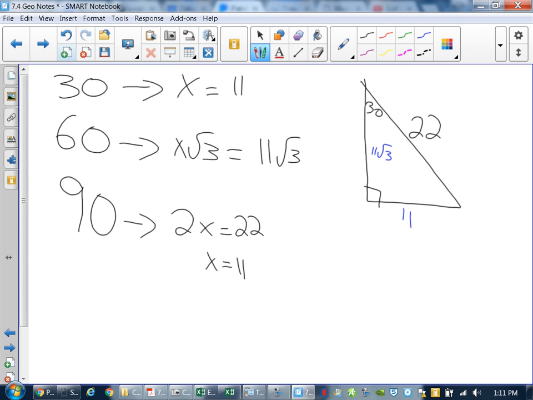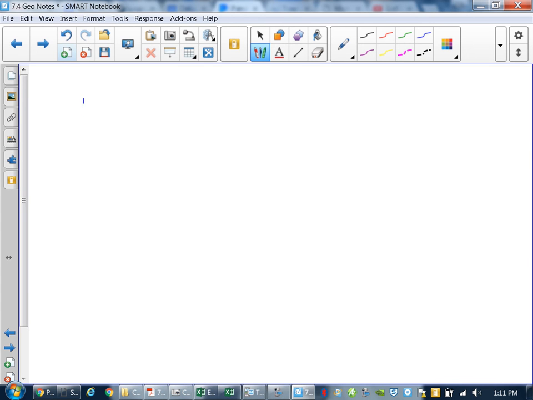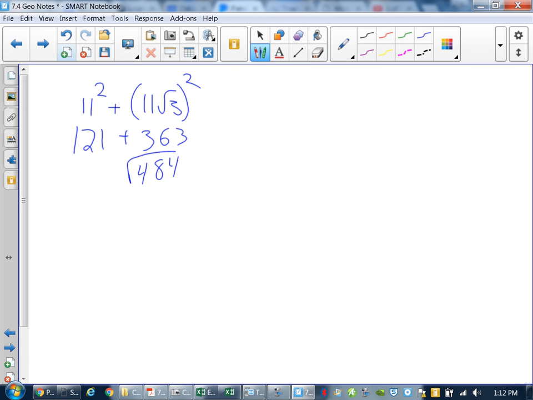Because if you check it, if you take 11 squared plus the quantity 11 root 3 squared, you get 121 plus 121 times 3, so 363. I add those two together, we get what? 484. The square root of 484 should be 22. That's why it works, because it goes back and forth with the Pythagorean theorem.